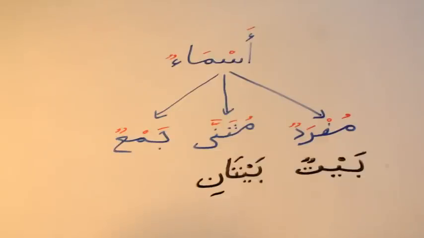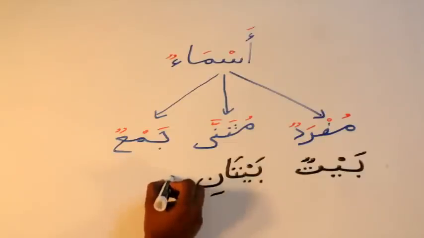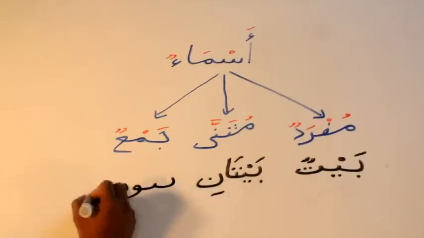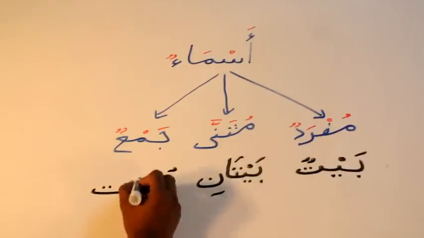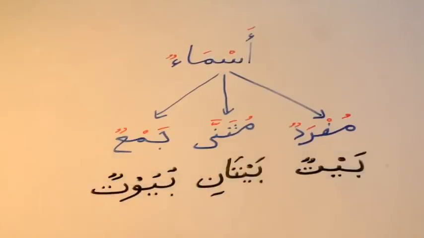And the plural version of baytun is buyut. So as you can see, one word can be divided into three based on the number.